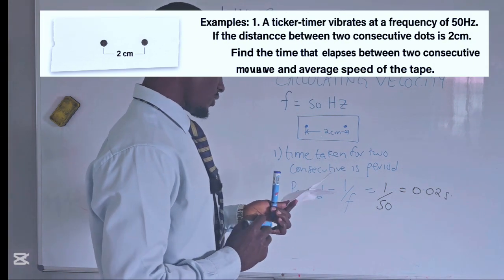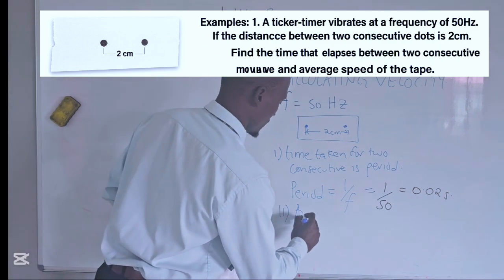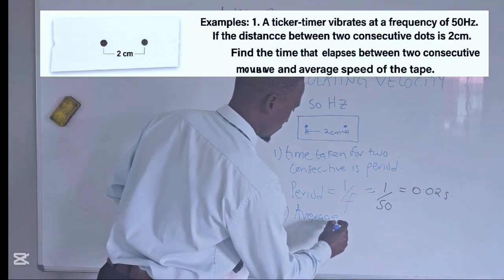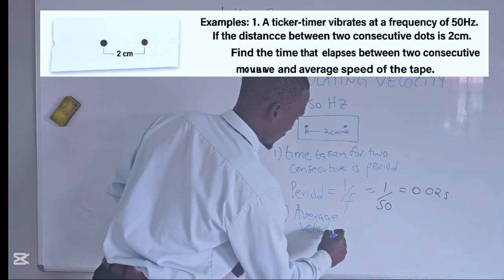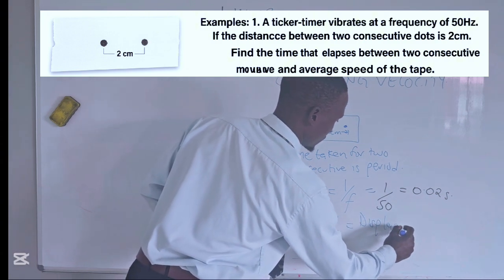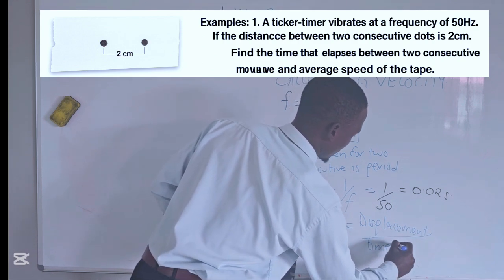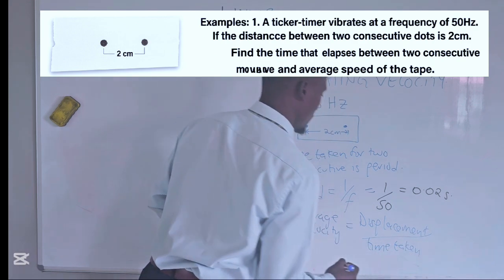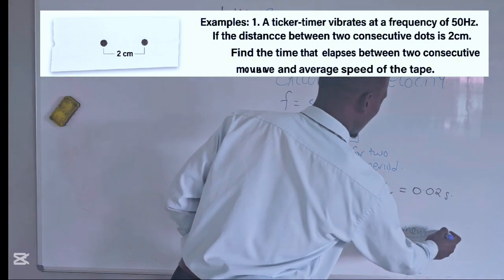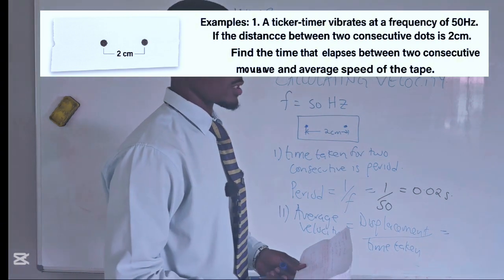Then the average velocity, they also want us to get the average velocity. We know that the velocity is equal to displacement over time taken. So in this case, it's going to be the displacement between the two dots, which is 2 centimeters.